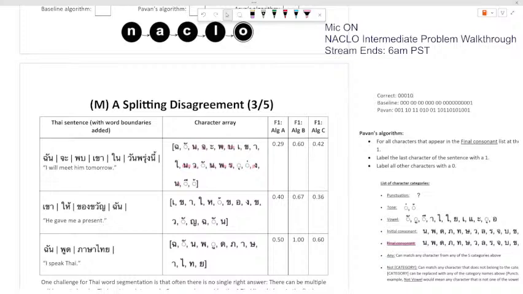You want to mark the characters at the end of the word as 1. So it would be 001 space 01 space 01 space 001 space 01 space 1. So that should be the correct answer.